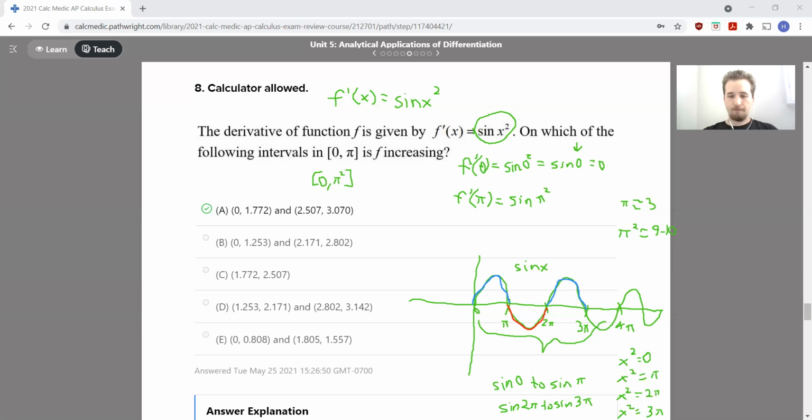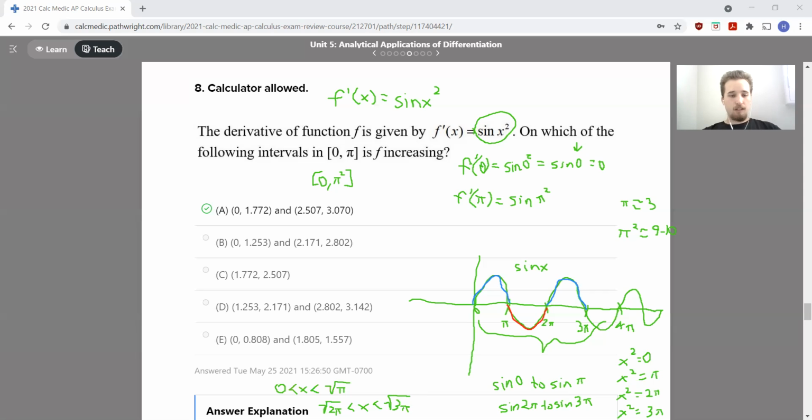So then that means the first interval is going to be x between 0 and square root of pi. And then the second interval is going to be x between the square root of 2 pi and the square root of 3 pi.